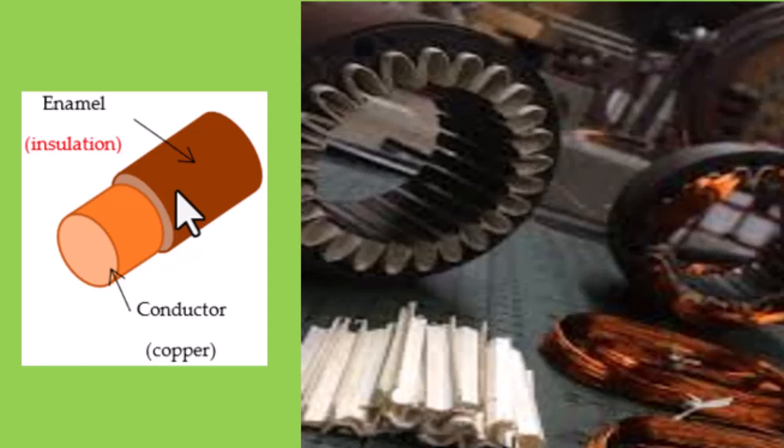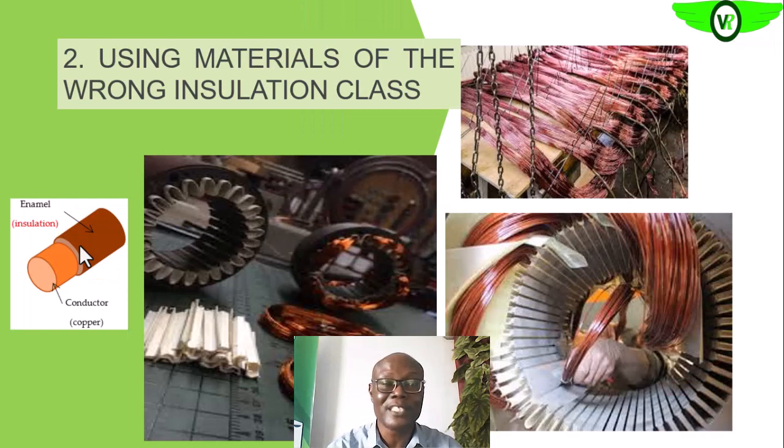So that type will definitely determine the temperature class of that particular insulated copper wire. That temperature class is another factor that we often overlook or do not put into consideration when selecting these materials.